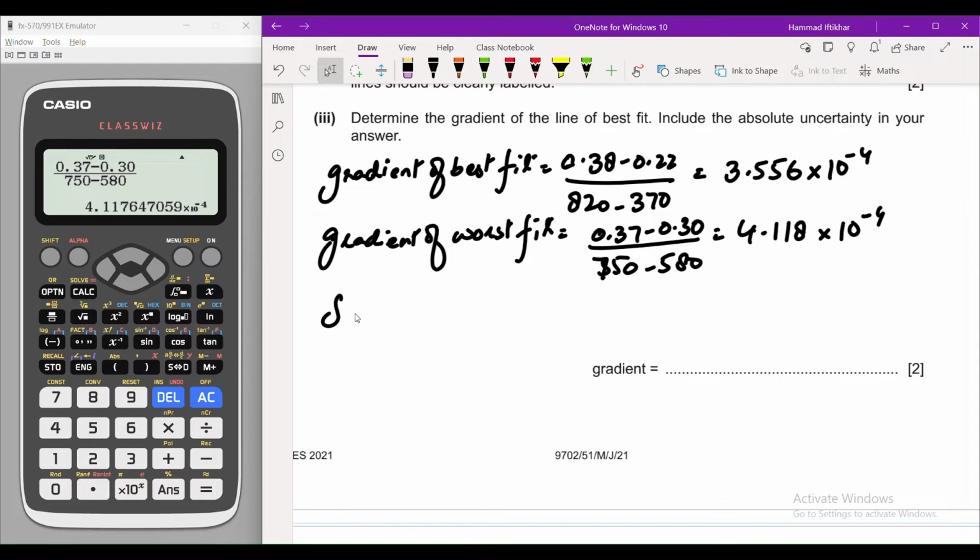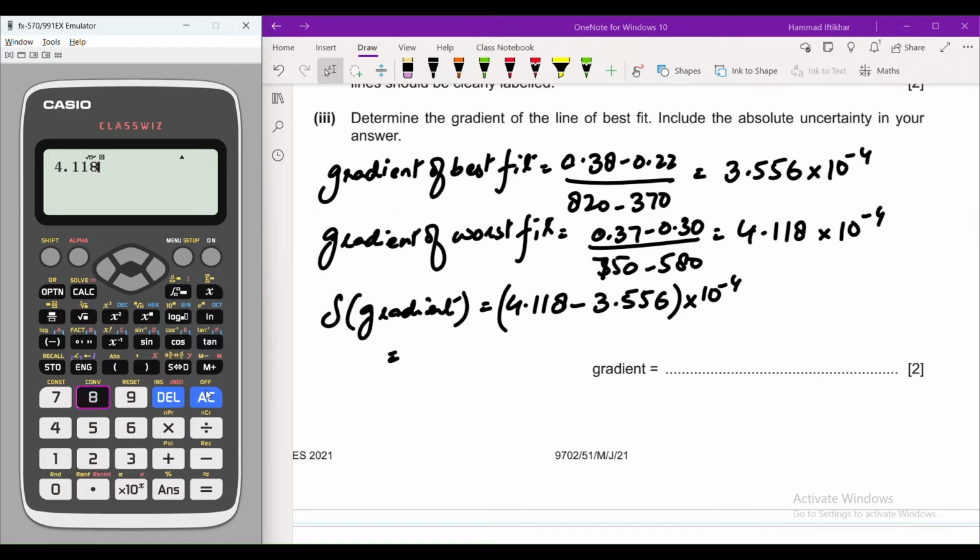So we need to find out the uncertainty in the gradient. So gradient of worst fit minus the gradient of best fit: 4.118 minus 3.556, we get 0.562. All right, so again, absolute uncertainty, we need to just convert it into 0.6.